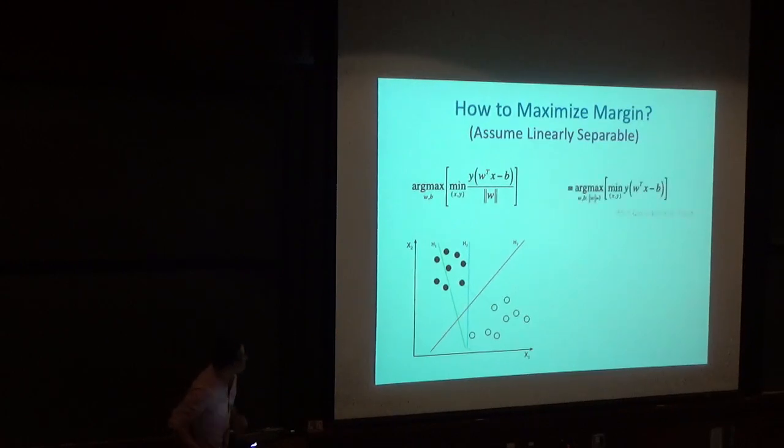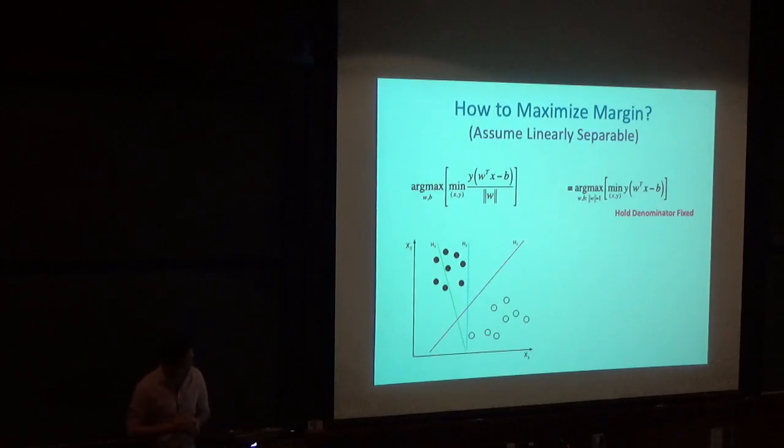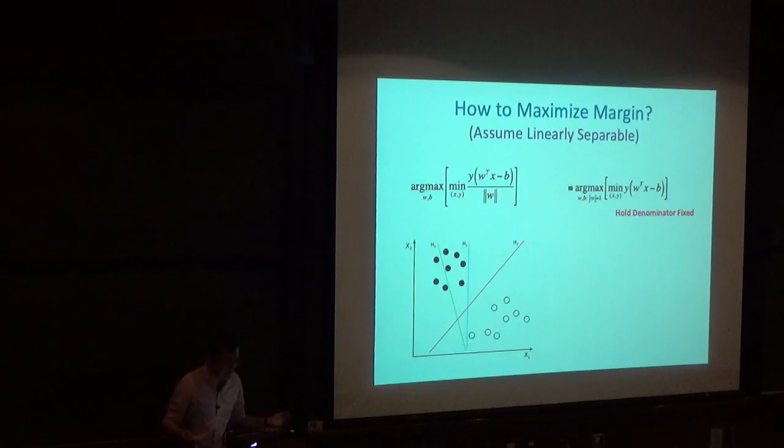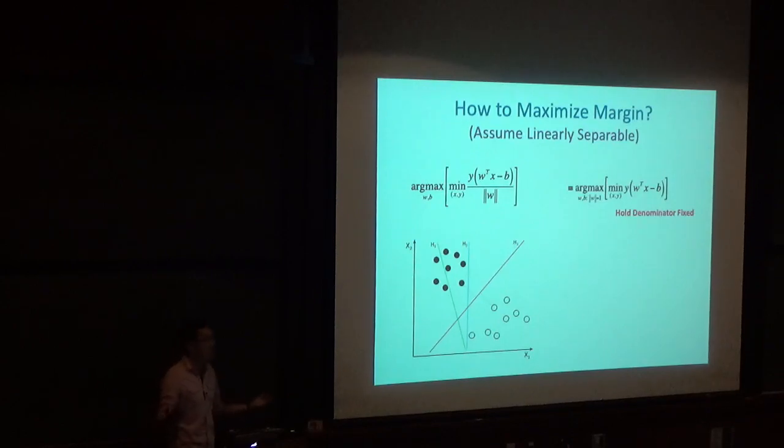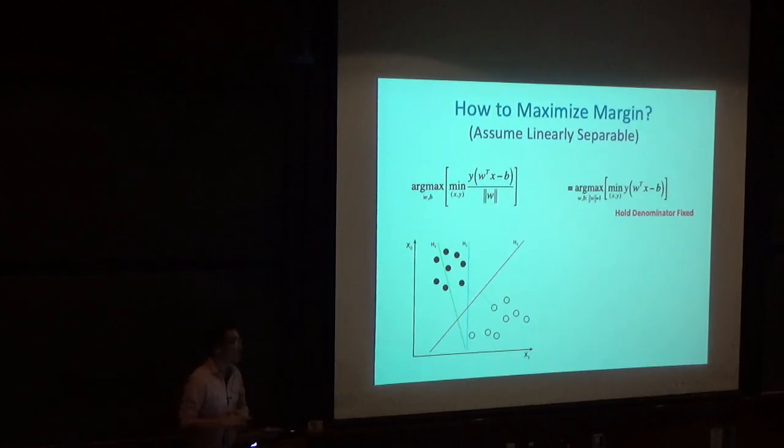For example, we can hold the denominator fixed, in which case we only care about W's where the norm of W equals 1. Because if we scale up W, it's essentially the same solution. So we hold the norm of W fixed and optimize for the numerator. This will give you the same answer if you can solve this optimization problem.